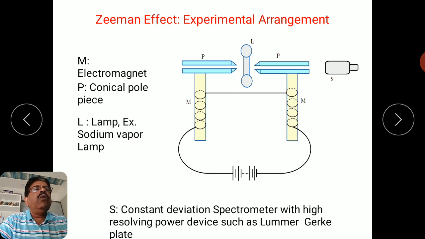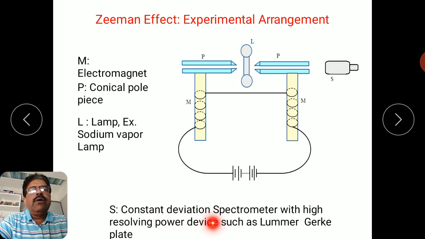Now, because of the strong magnetic field here, there will be an effect on the spectra of this particular source of light, and in order to observe what the effect is, we need a certain instrument, and that is a constant deviation spectrometer S, you can see here.